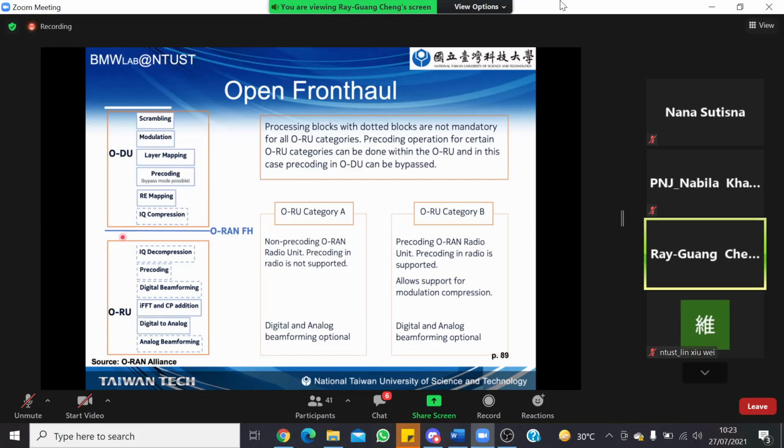If you want to transmit, you can further reduce the bandwidth requirement using compression or decompression. The dashed line is optional. Pre-coding is optional. Digital beamforming is also optional. Then you will do IFFT, add the CP, then do D2A, then you can do analog beamforming if you like.